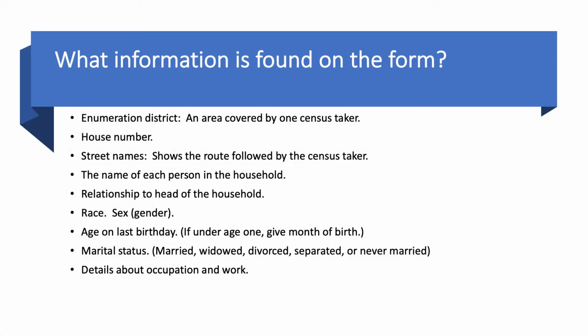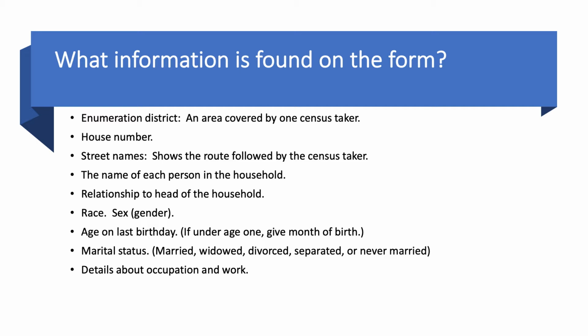It shows the relationship of each person to the head of the household. It shows race and sex. It shows their age on their last birthday. If they're under age 1, it gives the month of birth. The 1950 census shows marital status, such as married, widowed, divorced.